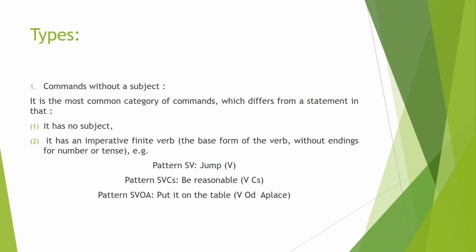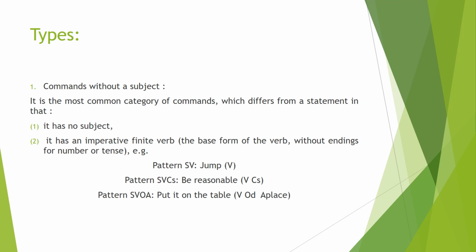And you see, because it is a sentence, it can have a pattern just like any other types of sentences, just like statements, just like questions. So when we say jump, I have in my sentence only one element, which is the verb. Okay? So is there a subject here? Yes, there is a subject, but the subject is not mentioned clearly. It is an implied subject.